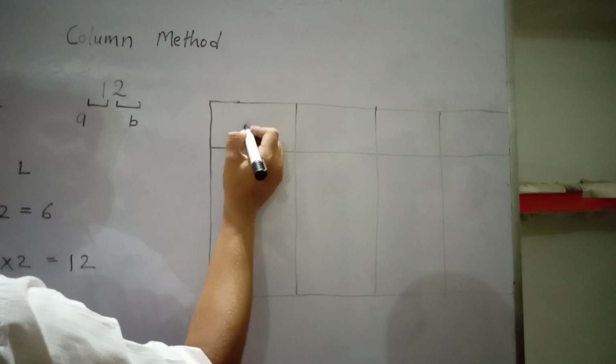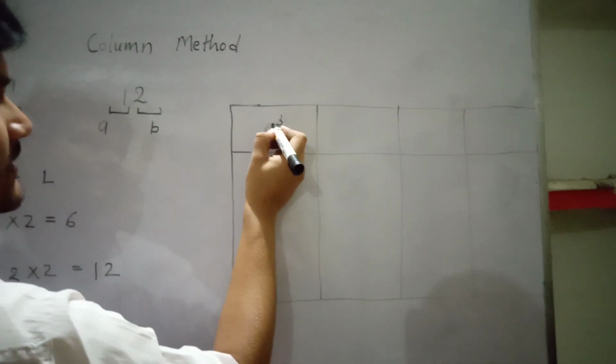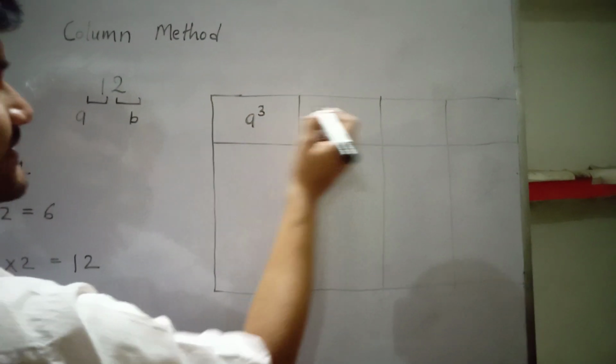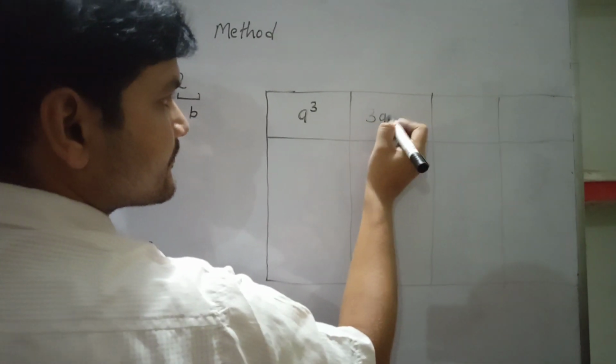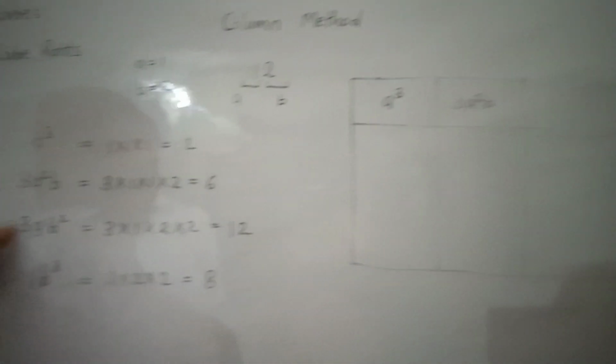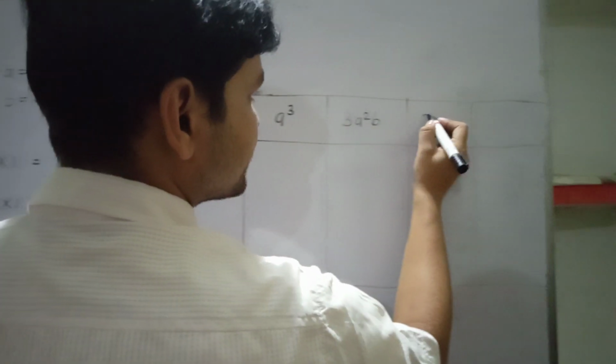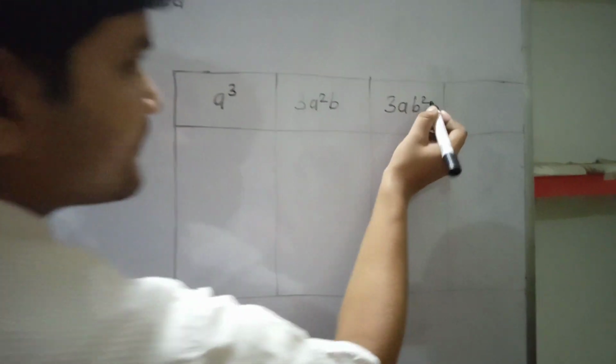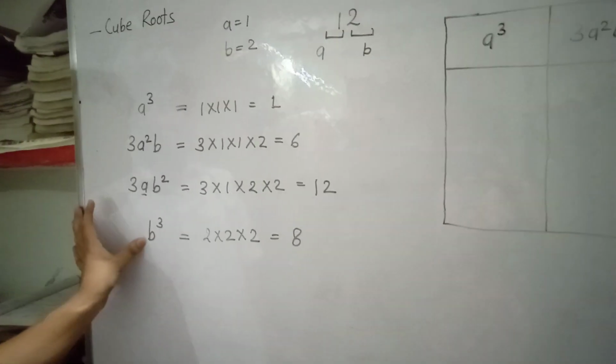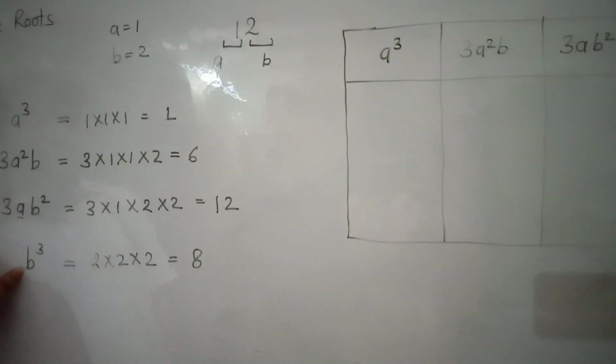In first column we will take A cube, and the second column we will take 3A square B, and the third column we will take 3AB square, and in the fourth column we will have B cube.